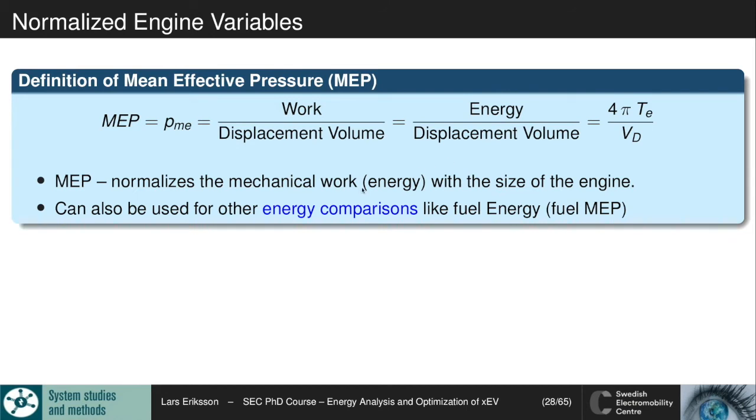So we can also use it for energy comparisons, like the fuel mean effective pressure. We can use the brake work, then we get the brake mean effective pressure, and we can compare them to each other, and we will do that in a few slides to come.